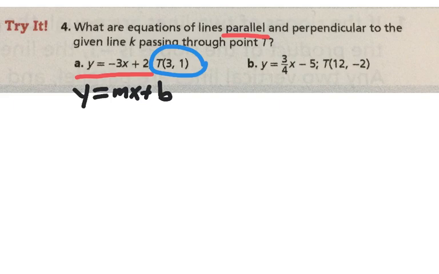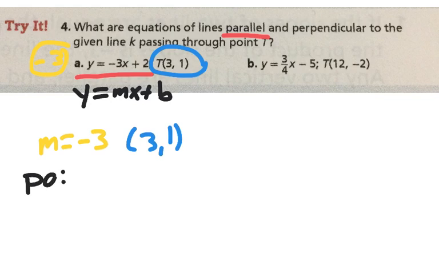So the slope of the line is -3. And if I want my line to be parallel to that, then I know the slope of my line must also be -3. So I know the slope of my line, and I know a point on my line. When I know a point and the slope, I'm going to use point-slope form.